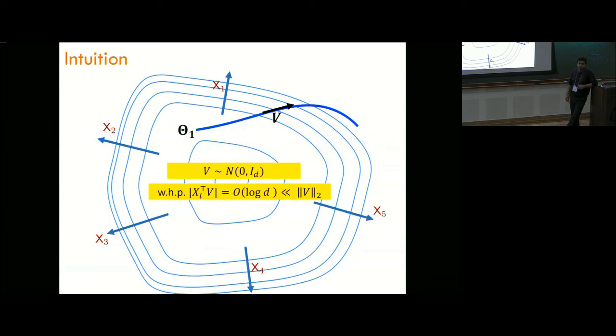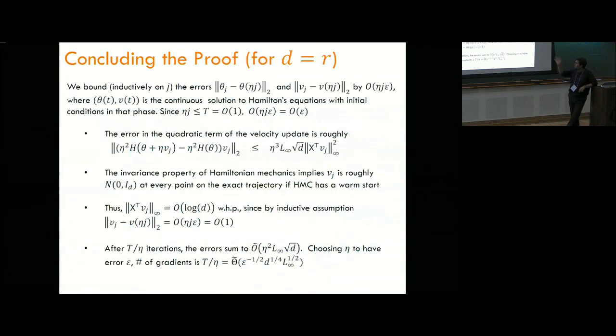And that's what saves us. It's much, much smaller than the 2 norm of this vector. This thing is like root d. This thing is like log d. Then you can do induction, and this is the proof.